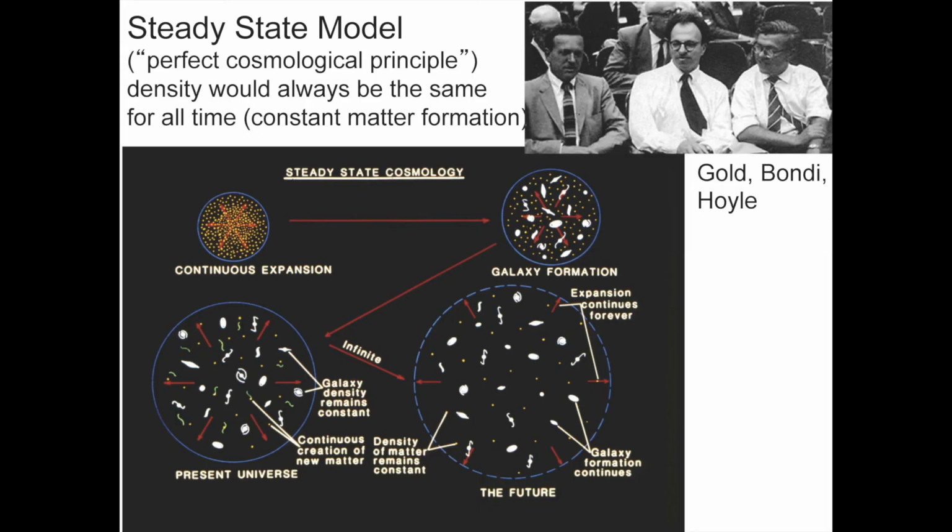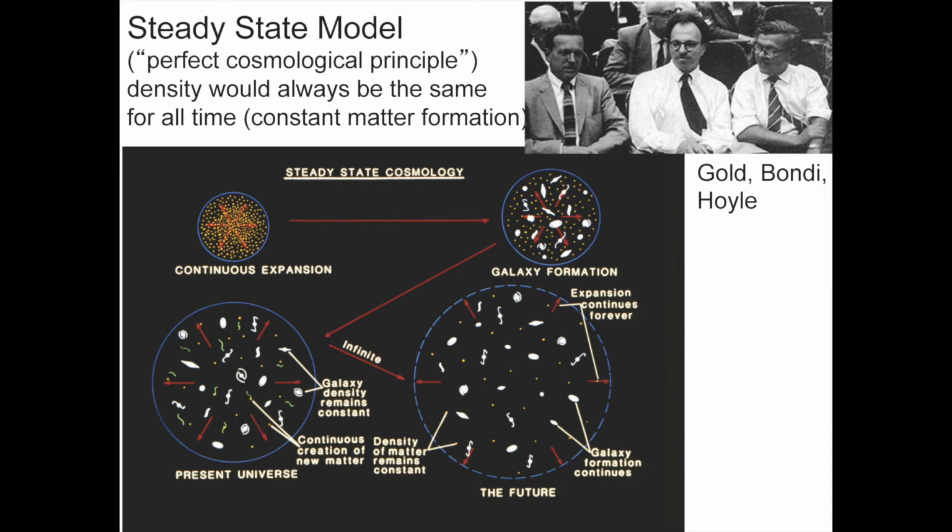Slide 9 talks about what's known as the steady state model for the universe, also known as the perfect cosmological principle. This was an idea proposed by Gold, Bondi, and Hoyle, three famous Cornell astronomers in the 60s. They were imagining, okay, if the universe is homogeneous and isotropic, that is the same everywhere in all directions, let's add one more component and say it's the same for all time.